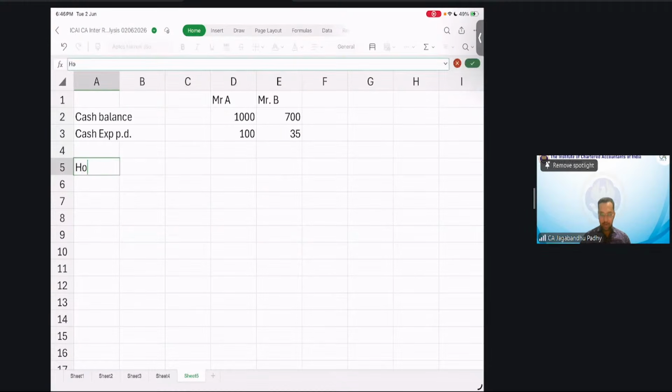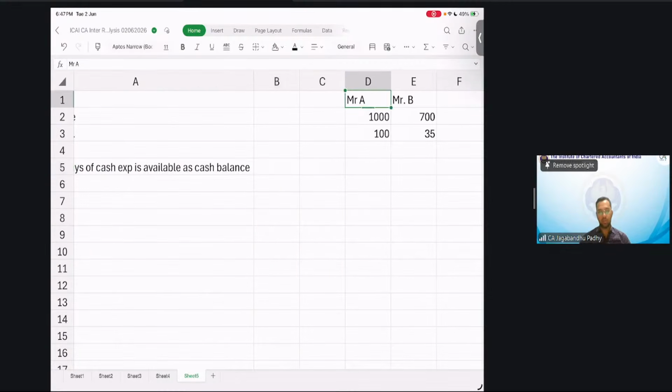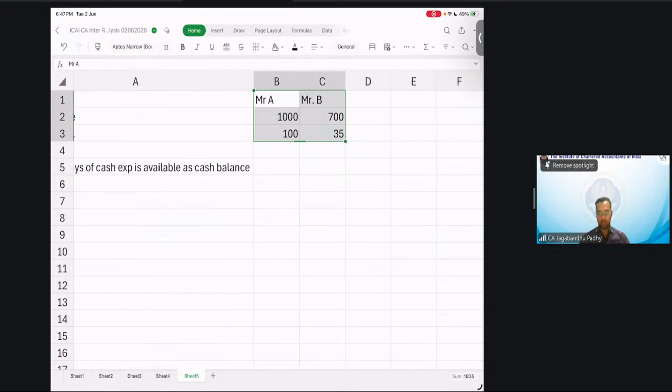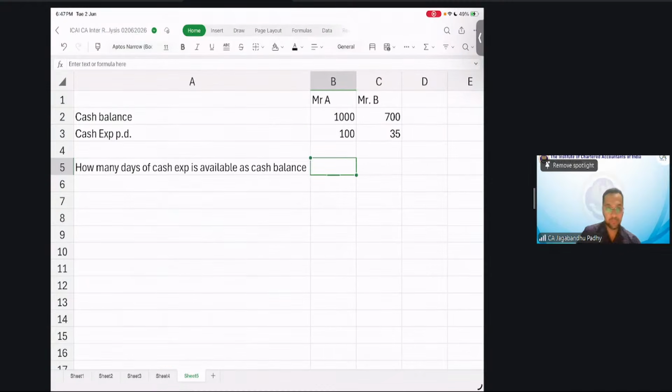So how do we compare that? We can simply compare it by saying how many days of cash expense is available as cash balance. So I'm asking you, how many days of cash expense is available as cash balance?